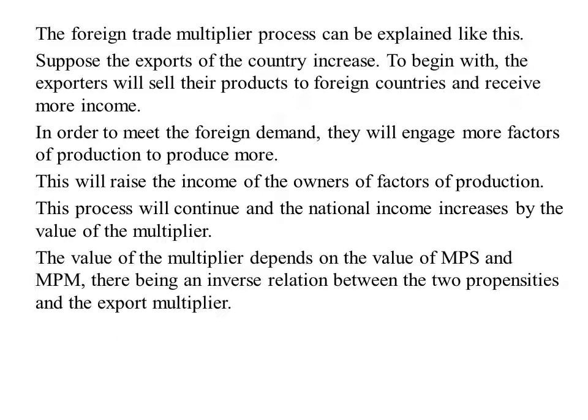This will raise the income of owners of factors of production. This process will continue and national income increases by the value of the multiplier. The value of the multiplier depends on the value of marginal propensity to save and marginal propensity to import. There is an inverse relationship between the two propensities and the export multiplier.